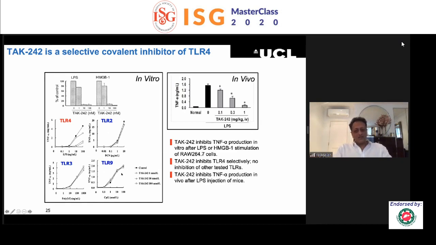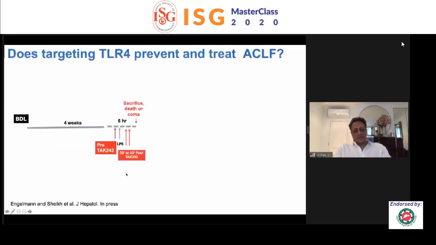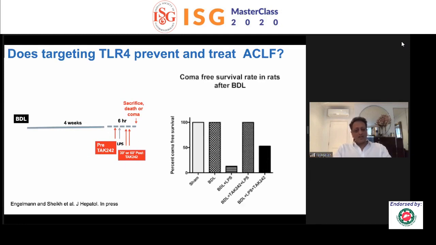It does not act on 2, 3, and 9. And so we took this to our animal model, which I described to you before, with the same setup, but here we either treated them with TAK-242 before or after induction of ACLF, and the results were pretty striking. What you have here is percent coma-free survival.